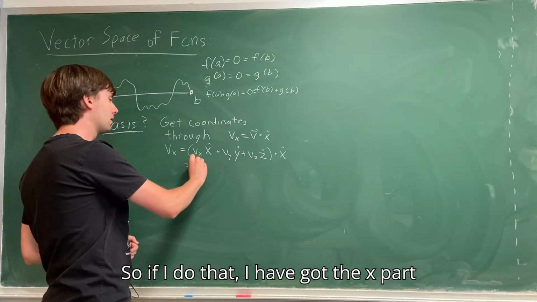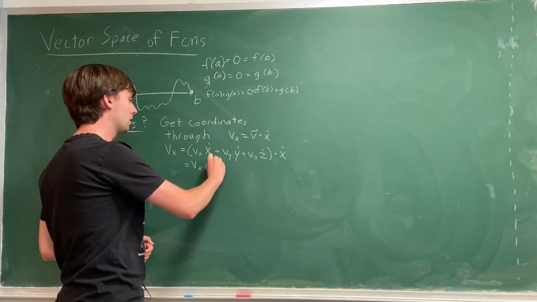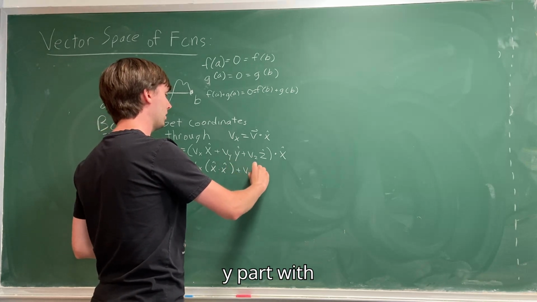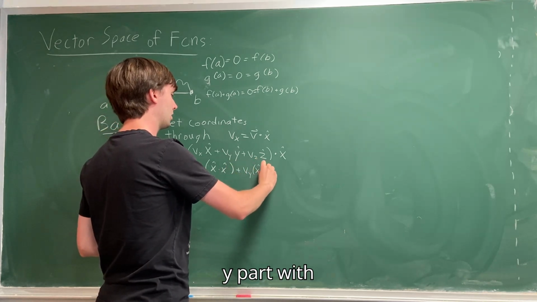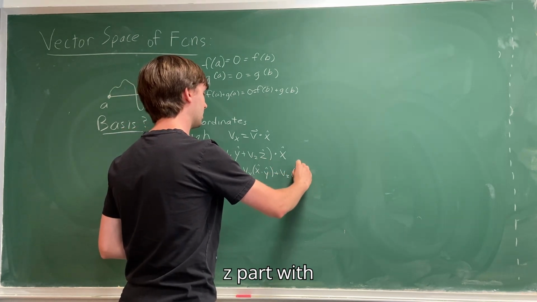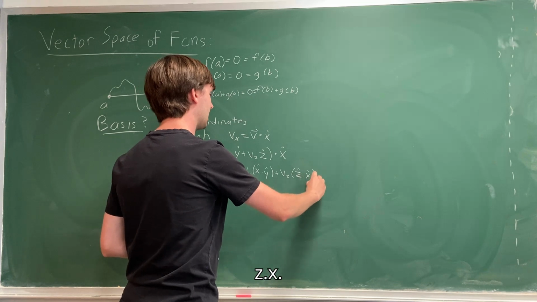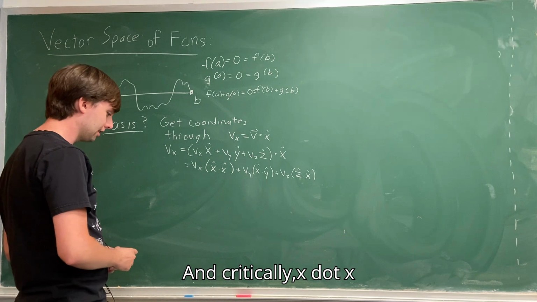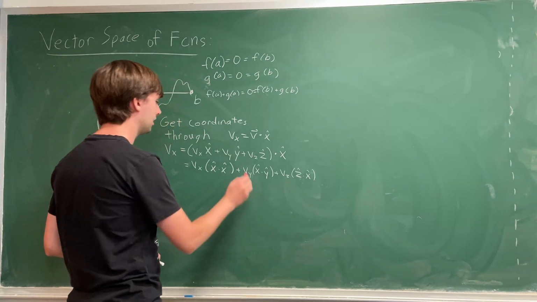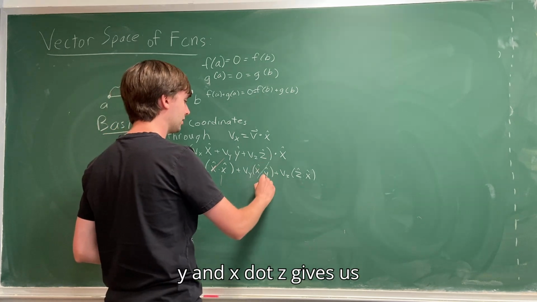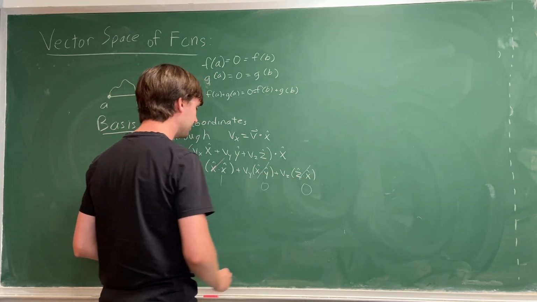So if I do that, I have got the x part with x dot x. I've got the y part with x dot y. And I've got the z part with z dot x. And critically, x dot x gives us 1, x dot y and x dot z gives us 0.